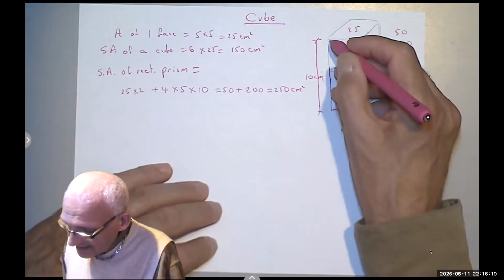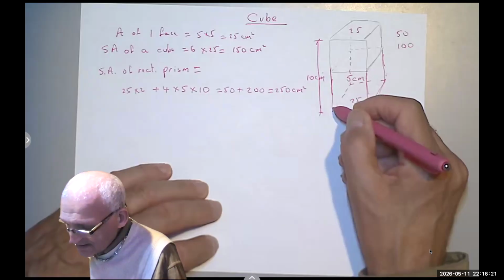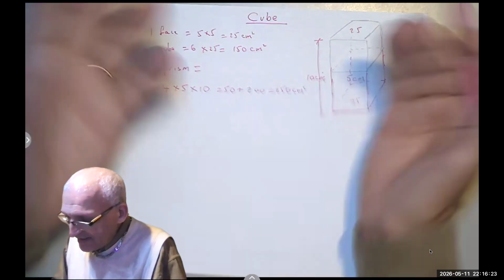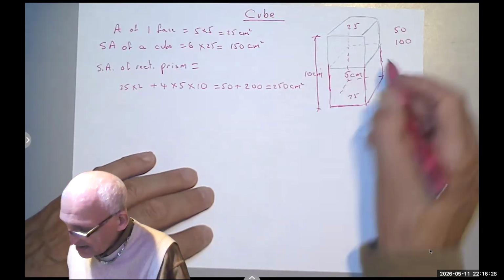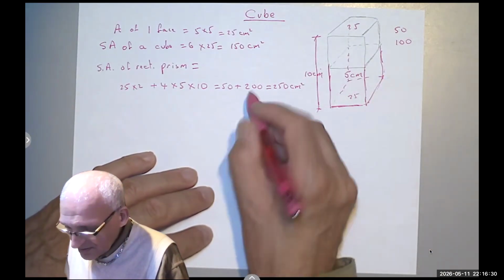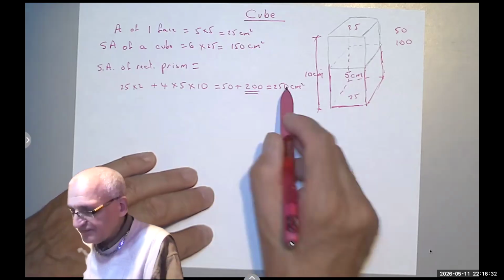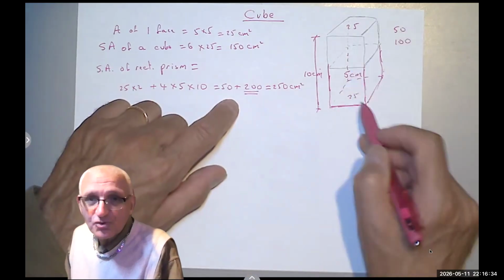Now, since I doubled the height, the lateral area has also doubled. It's the same base, but I doubled the height. So instead of 100, I would get 200. And the 50 stayed the same because it's the same two squares.